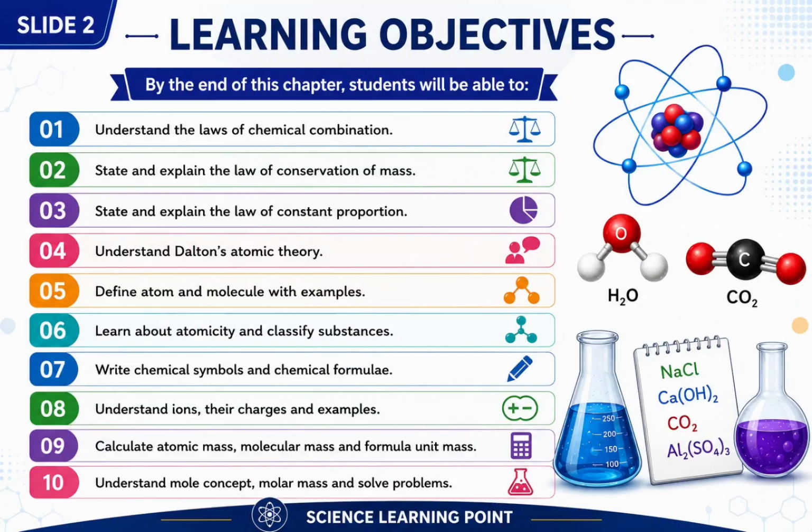After that, we will learn how to calculate molecular mass and molar mass. And finally, we will learn about the mole concept and solve some numerical problems. Don't worry, we will take everything step by step with simple examples. By the end, chemistry will feel much easier.